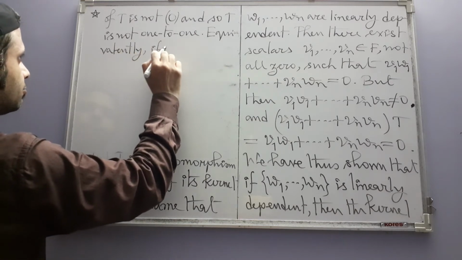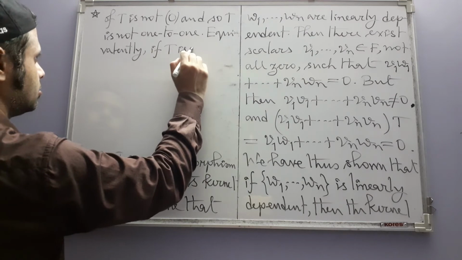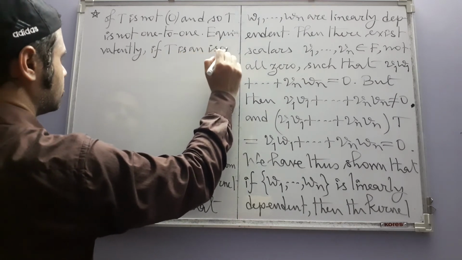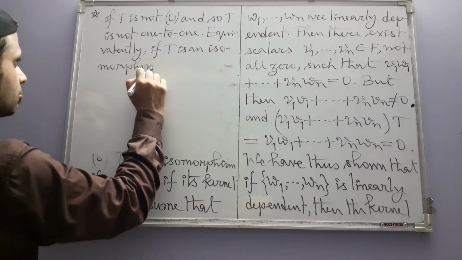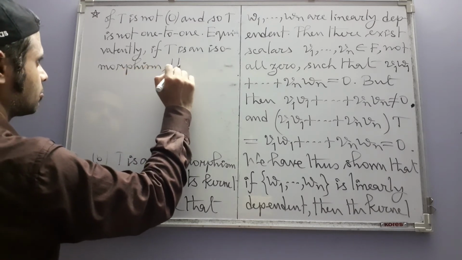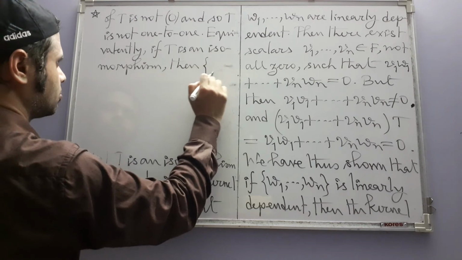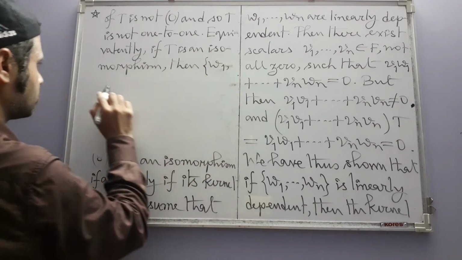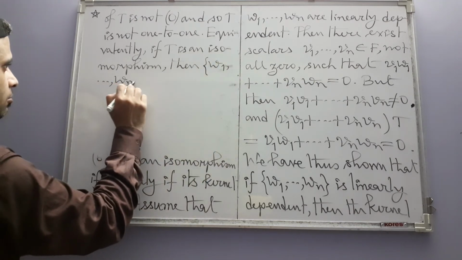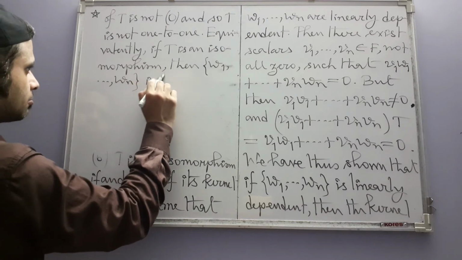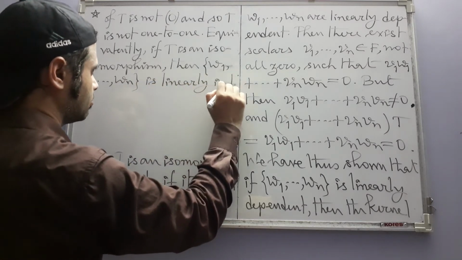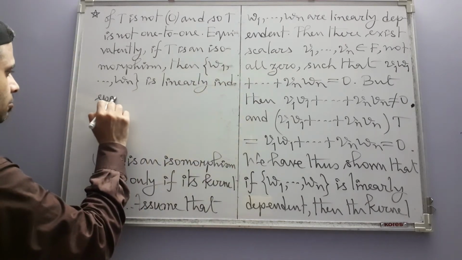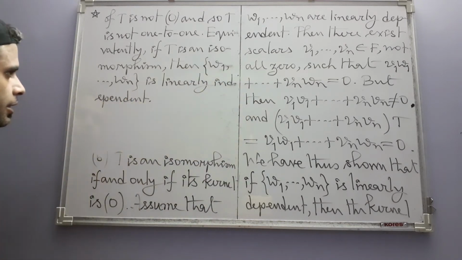Equivalently, if T is an isomorphism, then this is linearly independent.